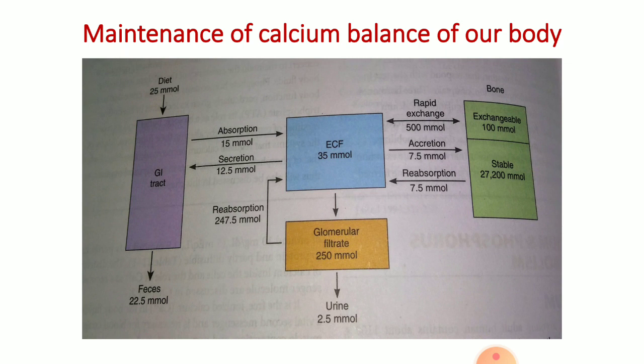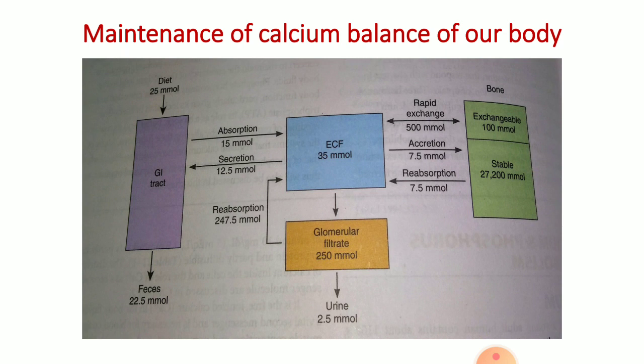Most commonly in growing age, in adolescence, or in the period where active growth occurs in the body, there occurs a positive calcium balance. That means retention of calcium is more than the excretion. But in old age there occurs a negative calcium balance, and almost throughout life there occurs a neutral calcium balance.